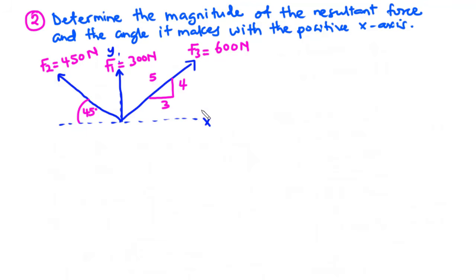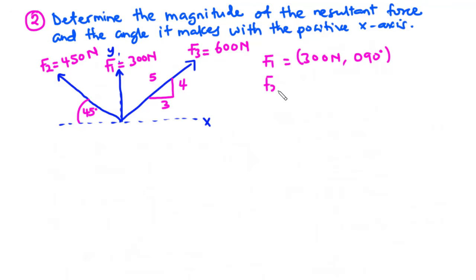Now let's write the forces and the angle they make with the positive x-axis. So for F1, we have 300 newtons, which makes an angle of 90 degrees with the positive x-axis.